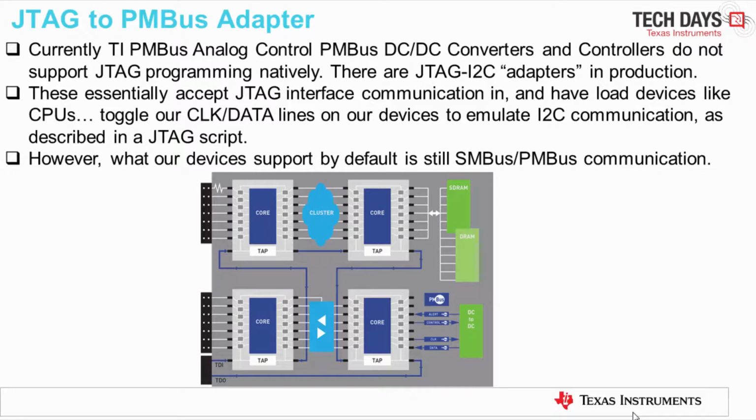Basically, this adapter accepts a JTAG interface communication in and has load devices like CPUs toggle the clock and data lines on our PMBus devices to emulate I2C communication as described in a JTAG script. Keep in mind, though, that our voltage regulator devices at this time support by default SMBus PMBus communication.